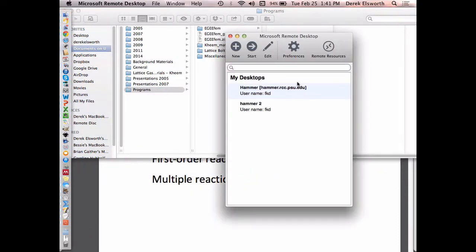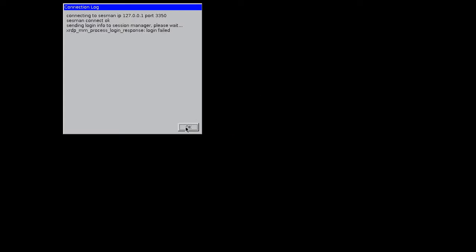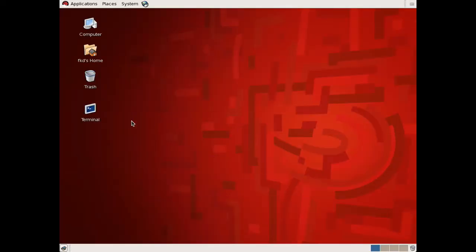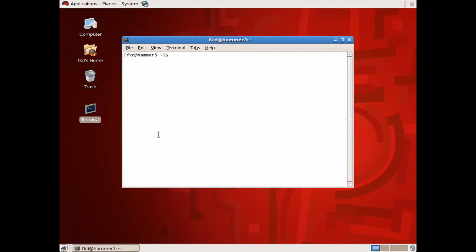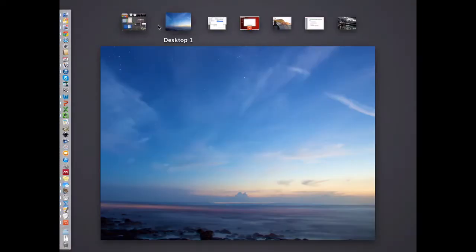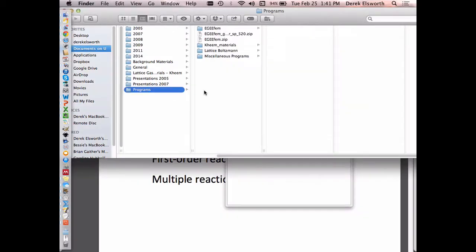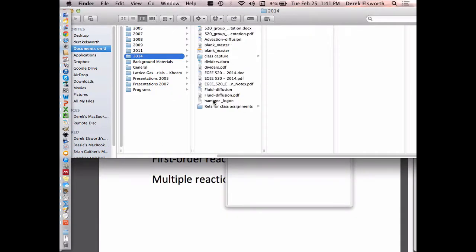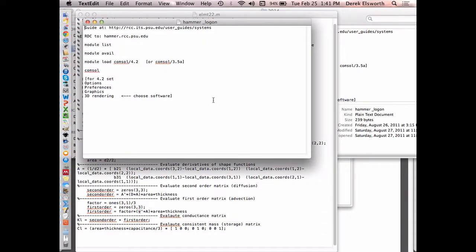Let's see if I can get logged in. Always says that, but I never quite believe it. So what is it I need to do? Can anyone remind me? Is it load? I can never remember from one time to another. I will do this. Remind myself. Load COMSOL. Okay.